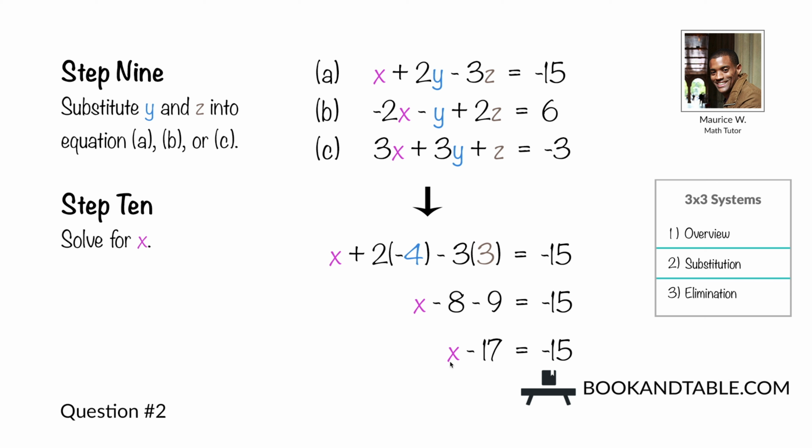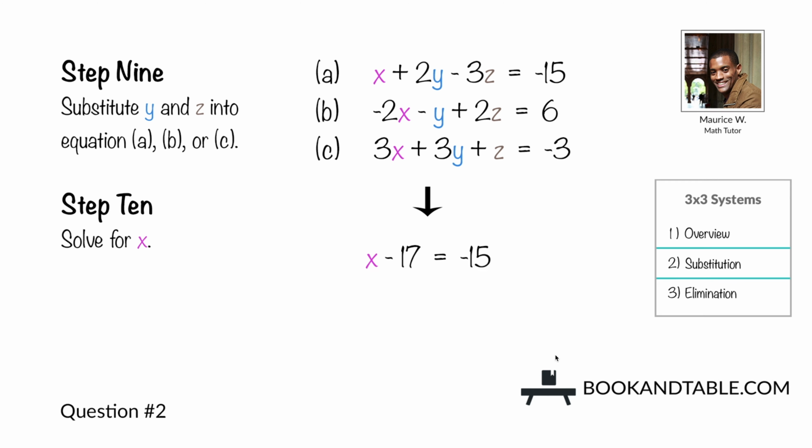So we wind up with x minus 17 is equal to -15. And now we add 17 to both sides, showing us that x is equal to -15 plus 17, which is +2. And we'll get +2 for x if we substitute y and z into B or C as well.